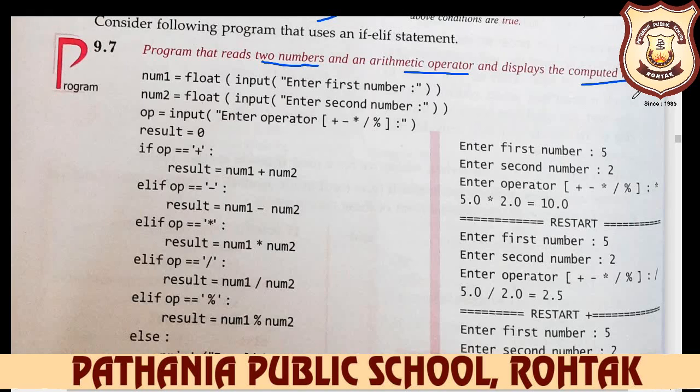First understand this program, beta. In this program, we need two numbers, and when we input two numbers and enter the plus symbol, then your compiler will calculate a plus b, for example, number one plus number two.